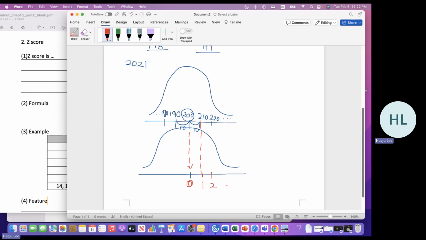And 2 standard deviations from the mean is 2, not 220. And also -1 standard deviation from the mean is -1, not 190. And yeah, this is the Z distribution.